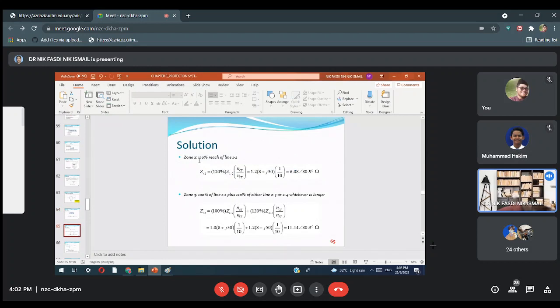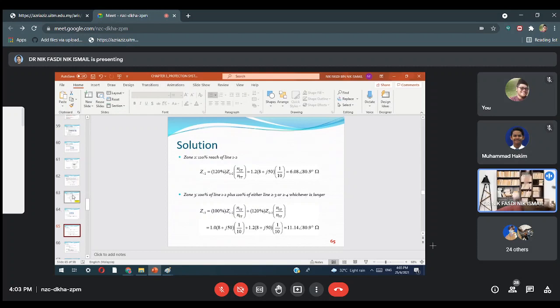ZR2 is again 120% reach of line 1 to 2. So here we have 120% of Z12, 8 plus J50, times 1 over 10, and you get 6.08. Similarly for zone 3, it is 100% of line 1 to 2 plus 2 to 3 or 2 to 4, whichever is longer.